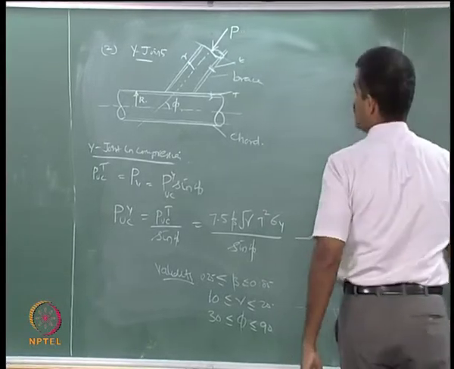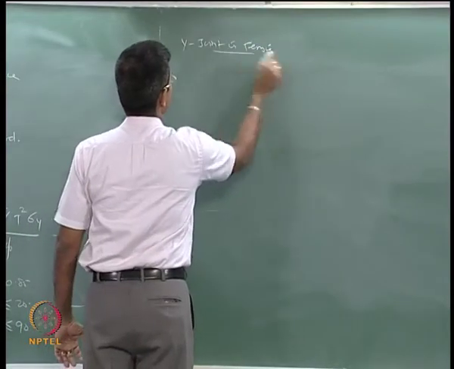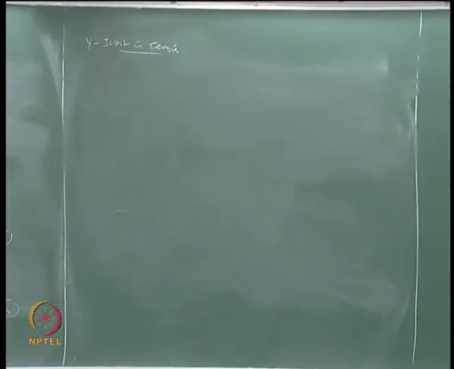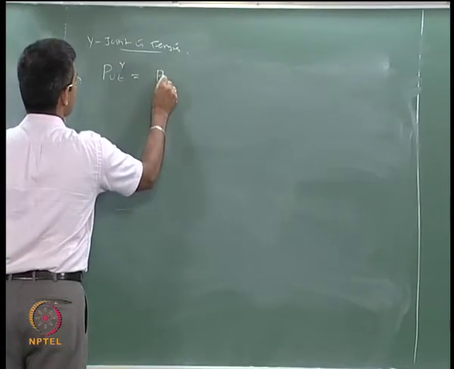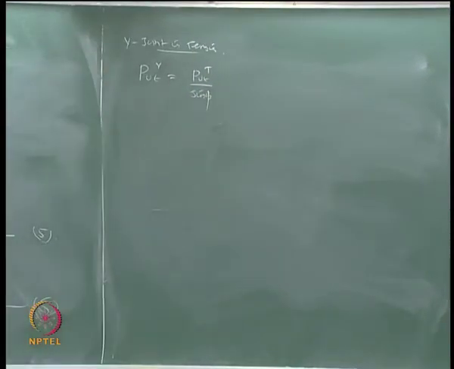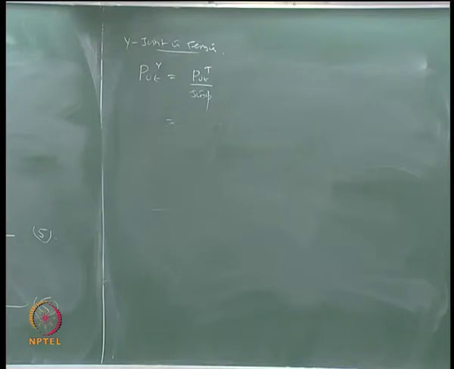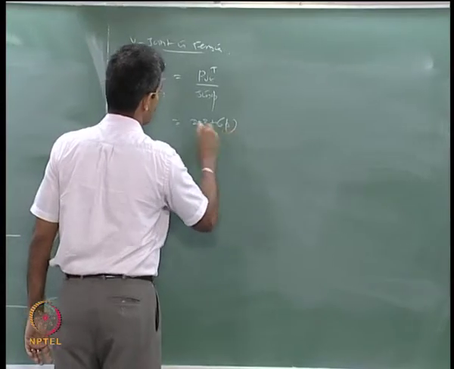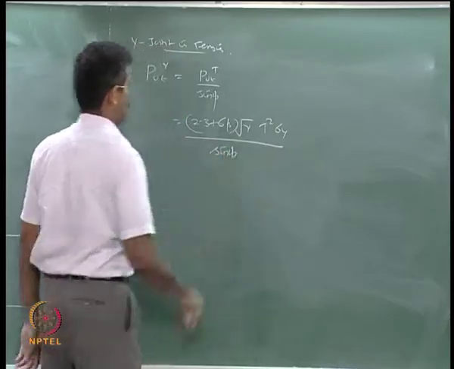Now I want to look at the Y joint in tension. So I must substitute, let us say P u t y, that is tensile, is P u t t by sin phi, corresponding tension. What is this equation? We already have it with us, 2.3 plus 6 beta root nu t square sigma y by sin phi.